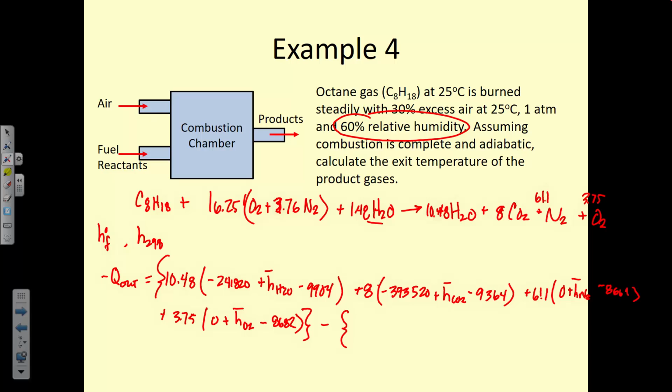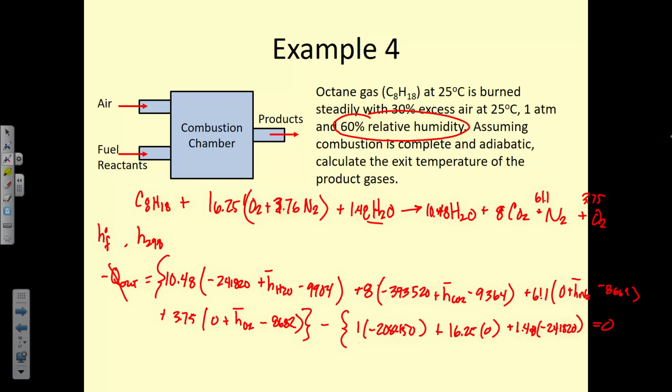So for the reactants, we have 1 times negative 208,450, plus 16.25 times 0, because there's no enthalpy of formation for that oxygen term, plus 1.48 times negative 241820, that's the enthalpy of water vapor, is equal to 0. Okay, because our Q out is equal to 0.